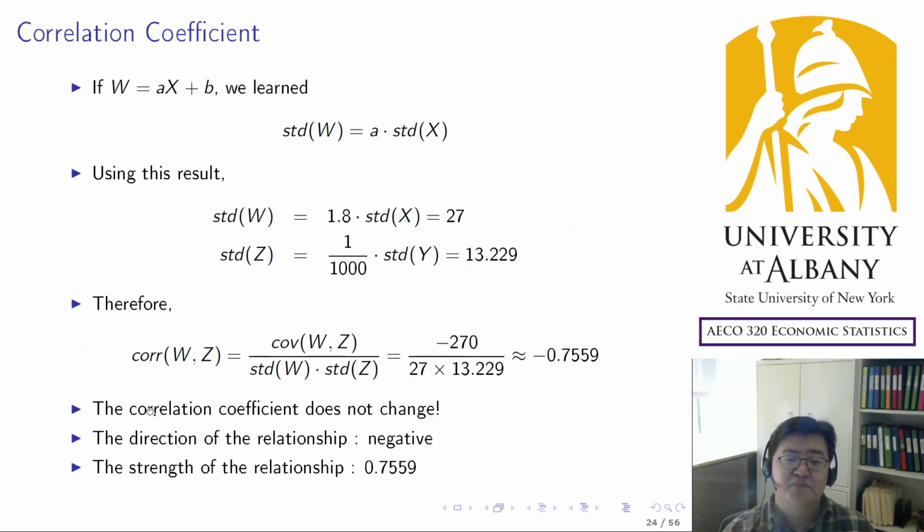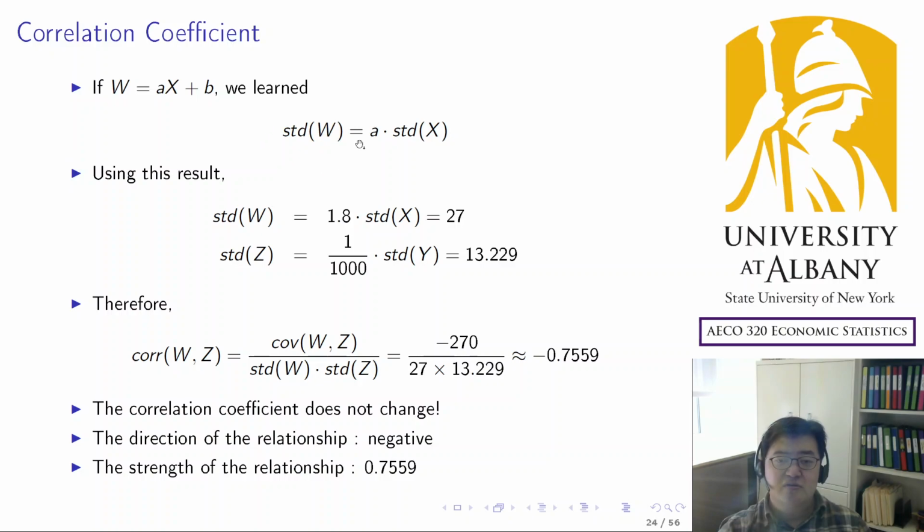The answer is A. However, if you follow the same algebraic steps as before, then the standard deviation of the new random variable can be calculated, which is 27, and the standard deviation of z can also be calculated, and it is 13.229. So when you calculate the standard deviation of the new random variables, you may use the result from chapter 4.